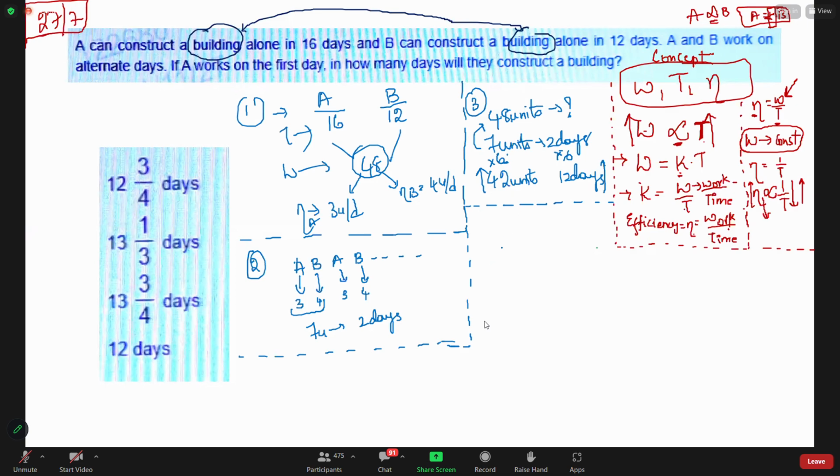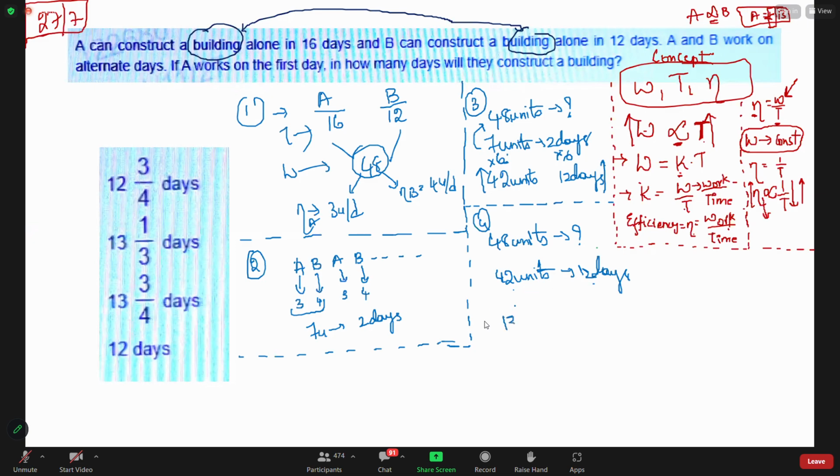Fine. So now you have to do 48 units. This is step number 4. You have to do 48 units in some days, but you know that 42 units have already been completed in 12 days of time. Because I'm explaining it in this way, it looks lengthier, but it is not that lengthy. In 12 days, you already completed 42 units.